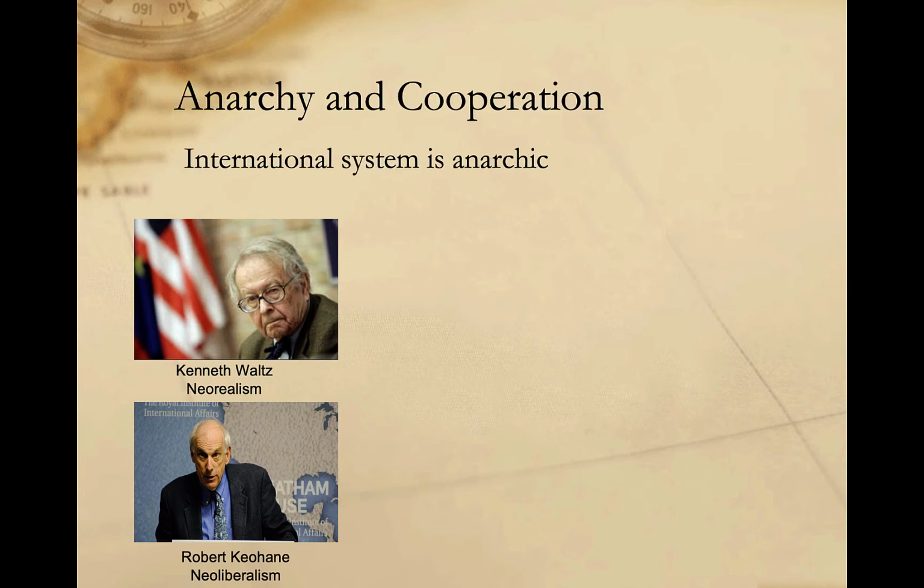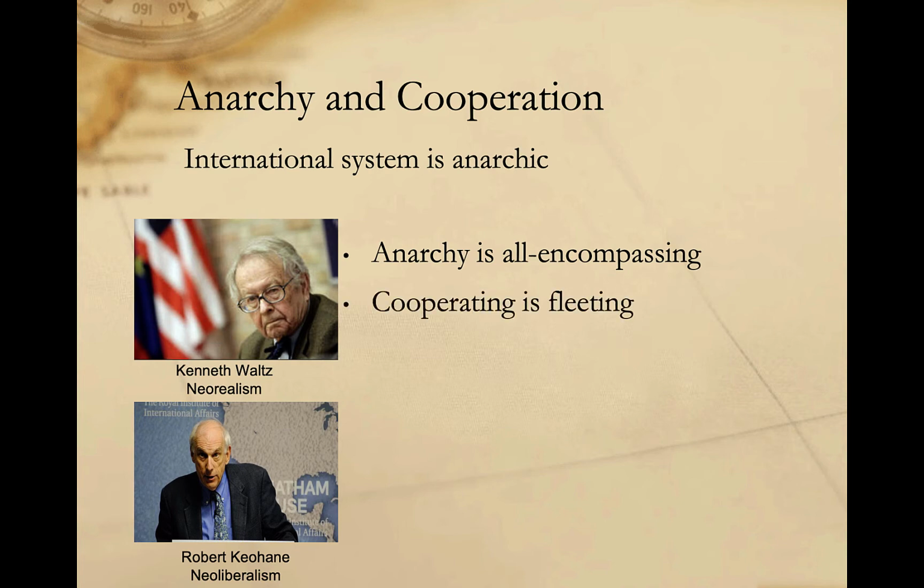While both neoliberalism and neorealism accept the assertion that the international system is defined by a condition of anarchy, they disagree dramatically about the nature of anarchy and its implications for global politics. Neorealists tend to view anarchy as the all-encompassing, unchanging condition of the international system. It's the natural state of affairs in global politics. And that necessarily results in a self-help international environment, which makes cooperation difficult to achieve and fleeting at best.